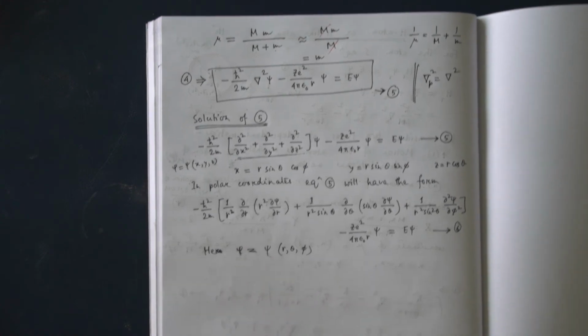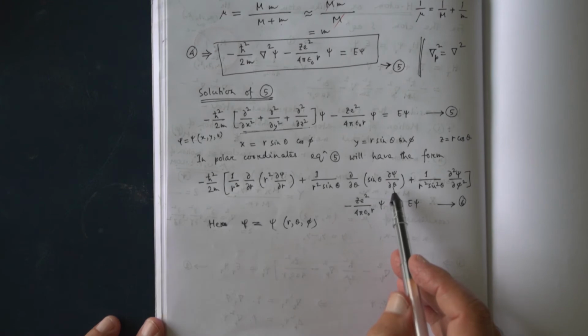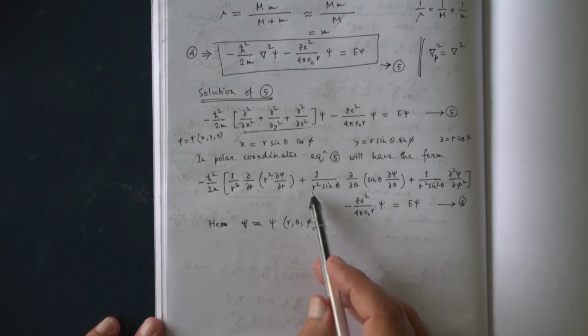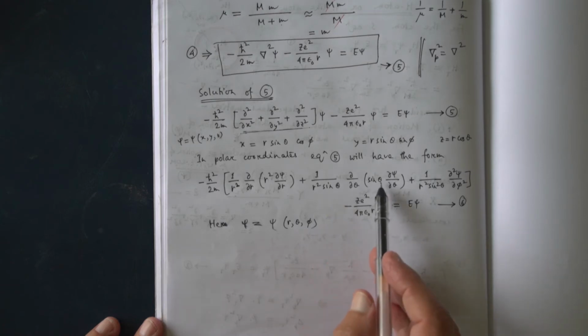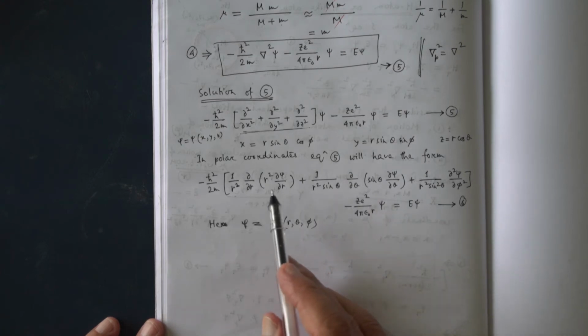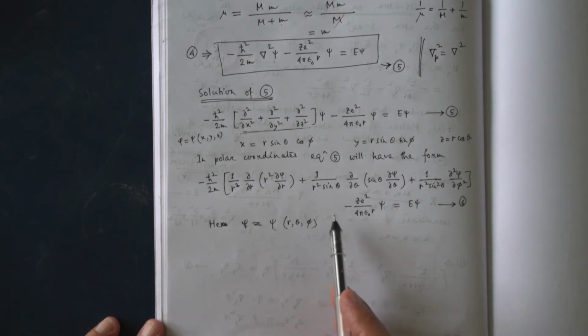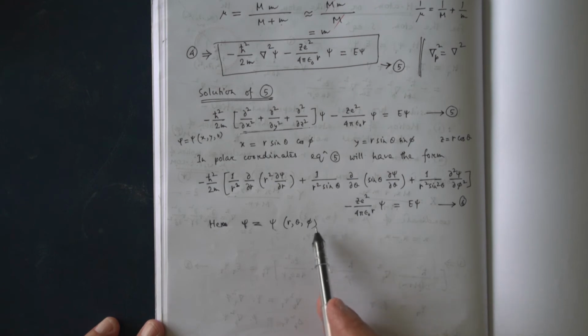Now, in order to solve equation 6, we have to divide the equation into three parts. One part will contain r, the second part will contain theta, and the third part will contain phi.